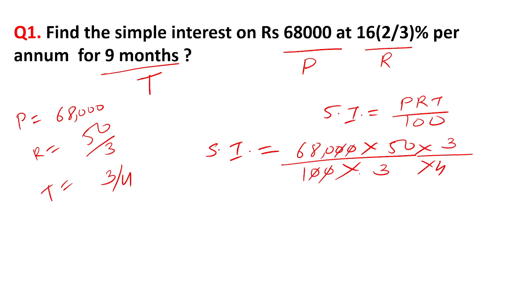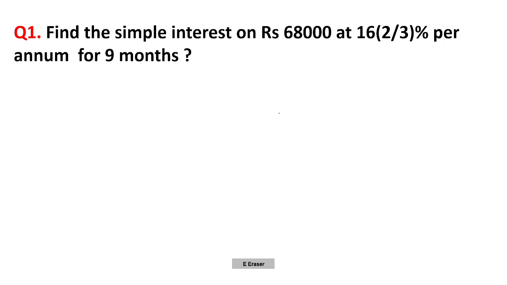By solving this we will get the answer as 8,500. Basic division is there, anyone can do. The 3s get cancelled, 4 divided by this we will get the answer. 4 1s are 4, 4 7s are 28. 170 multiplied by 50, you will get the answer as 8500.